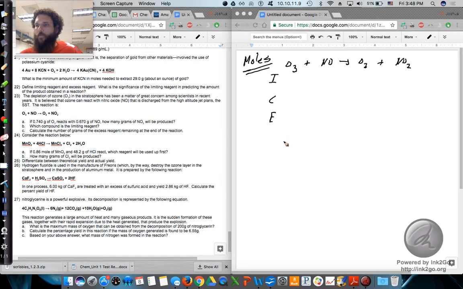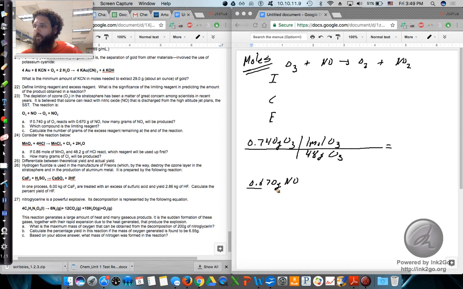Our moles of ozone, that's the O3, 0.740 grams of ozone. It's going to be 48. I guess our answer there. And then we have the nitrous oxide, 0.670 of NO. 1 mole of it is going to be 30 grams.